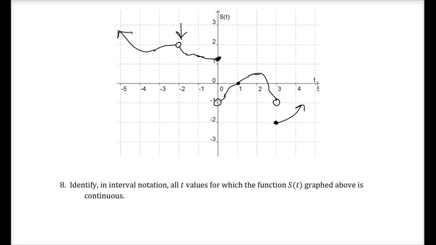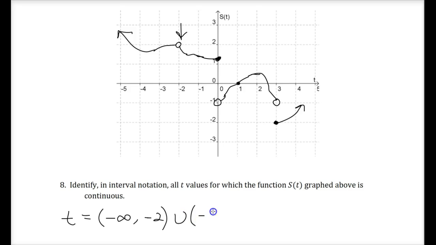All right, so for question 8, this is similar to a previous question that we did. We want to know for what values of t this function will be continuous. So we just basically need to look at all the places where our graph has some kind of discontinuity in it and leave those t values out. So we're good from -infinity on to -2.